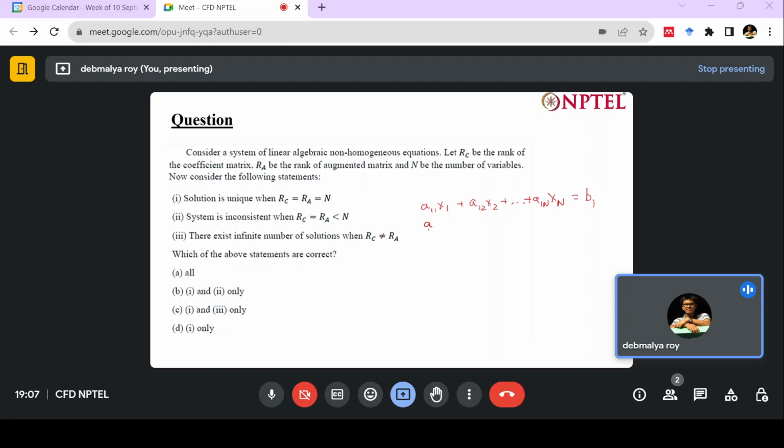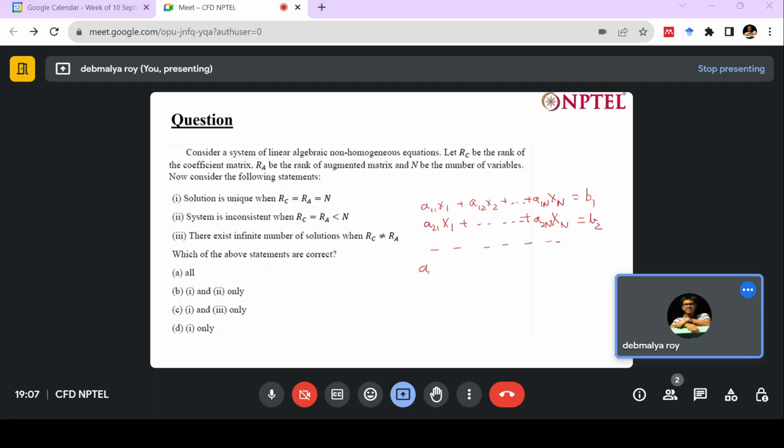So we are right now dealing with the non-homogeneous equation. And for a system of such linear non-homogeneous equations, we will have n equations for n unknowns. Since there are n unknowns, we would require n equations for the system to be complete.